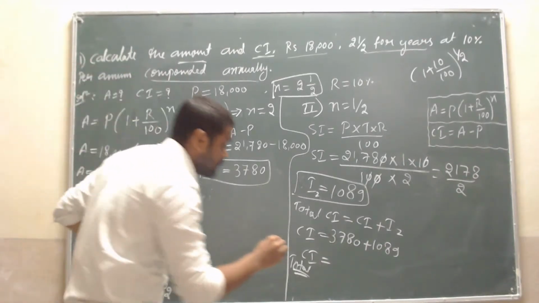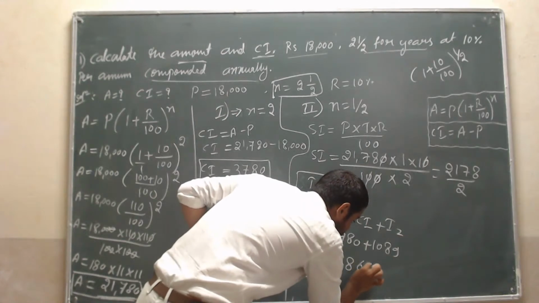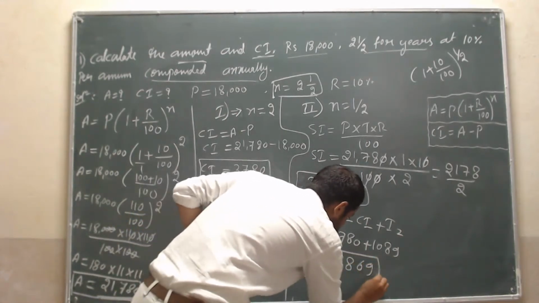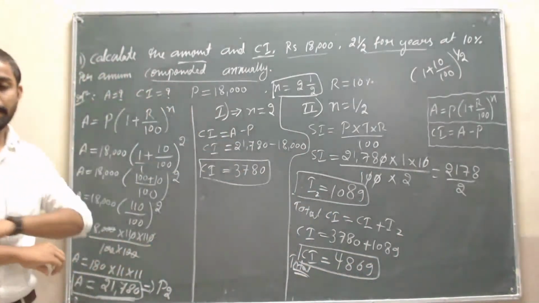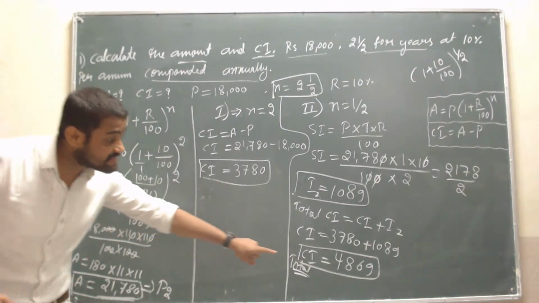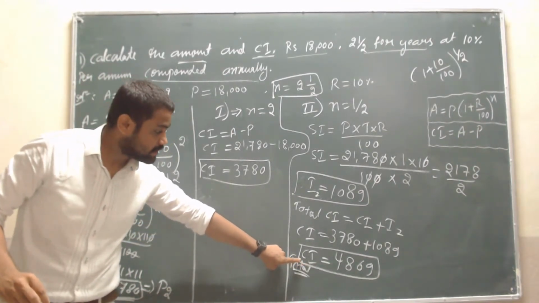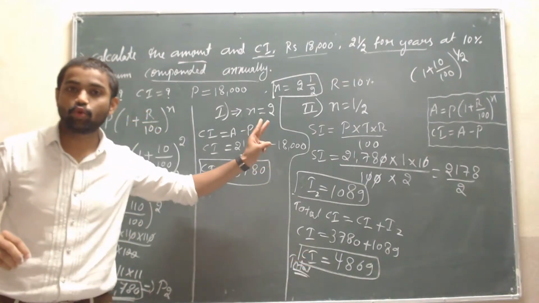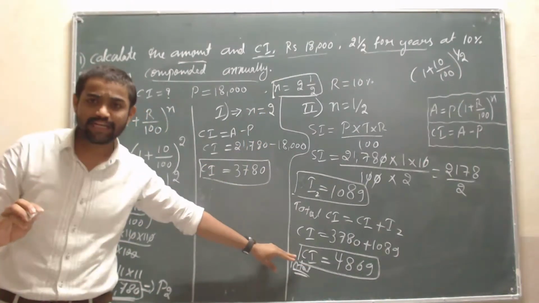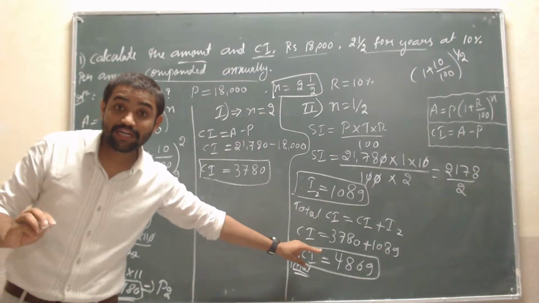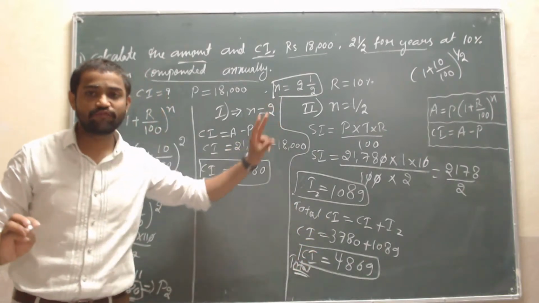Very good, that is 4,869. This is the compound interest for 2.5 years. This is the total compound interest for 2.5 years.